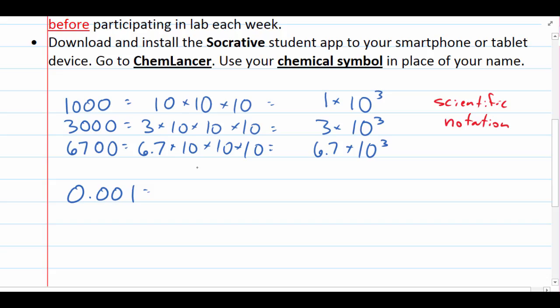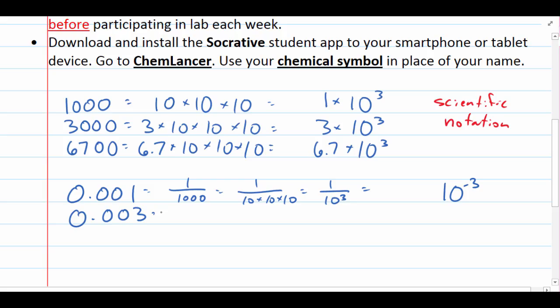So if we'd write it as a fraction, we'd write it as 1 over 1,000, which we already saw is the same as 1 over 10 times 10 times 10, which would be the same as 1 over 10 cubed, 10 to the third, which we could write then as 10 to the negative third. And if we had a number that was 3 times as big, like this, we could then write this as 3 times 10 to the negative third.